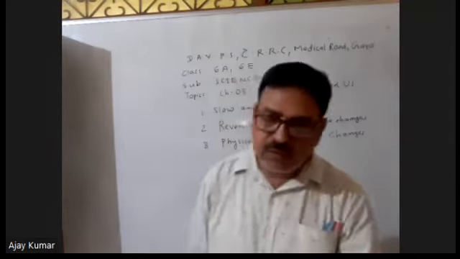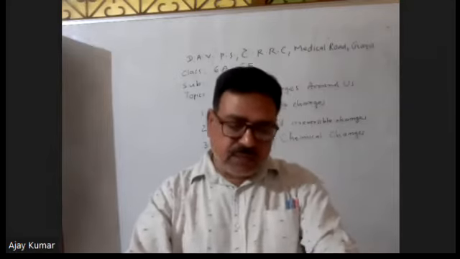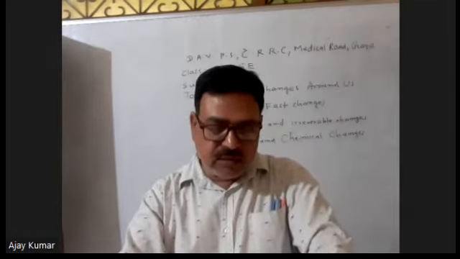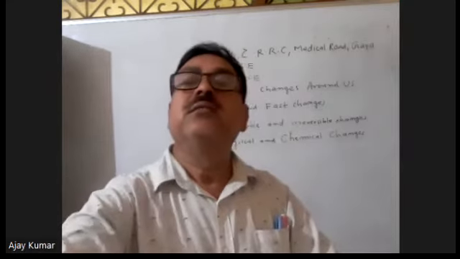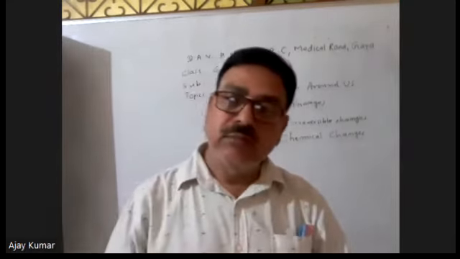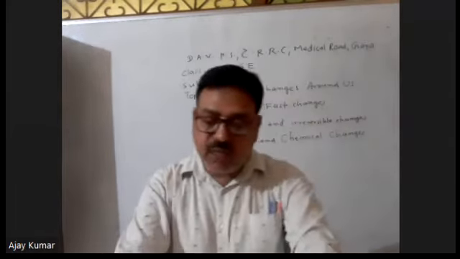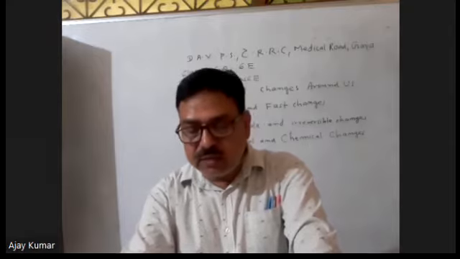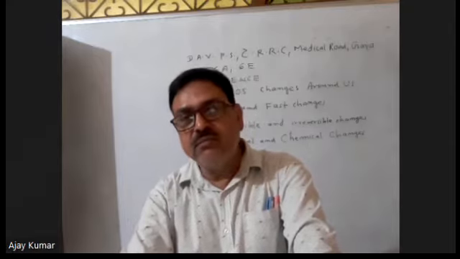How will you distinguish between the two, reversible and irreversible? A change in which the substance can get back to the original form is called reversible change. Whereas the change in which the substance produced cannot get back to the original form is called irreversible change.